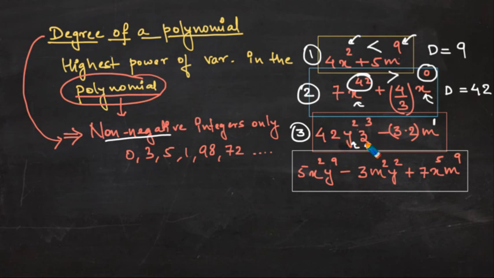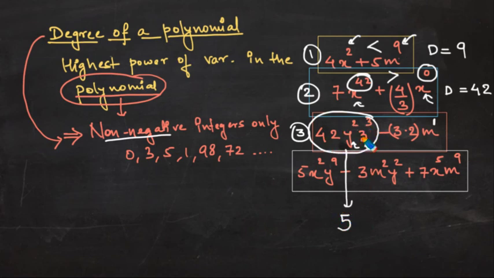In such cases where we have more than one variable in a single term, we add the powers available here. For example, the total power of this term would be 2 plus 3, 5. And this has no significance. Trust me, you won't use it anywhere. It's just for the sake of identifying the degree of a given polynomial.